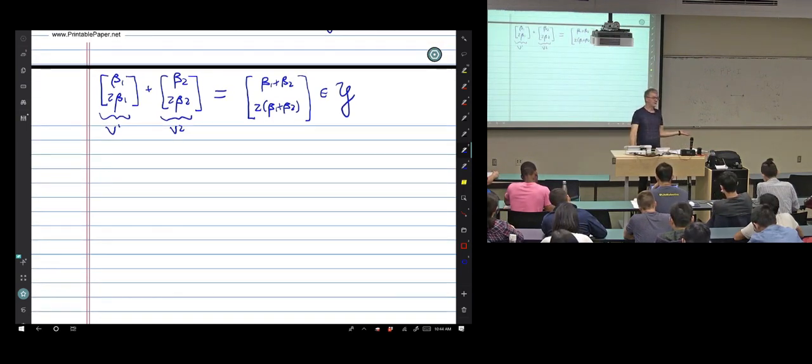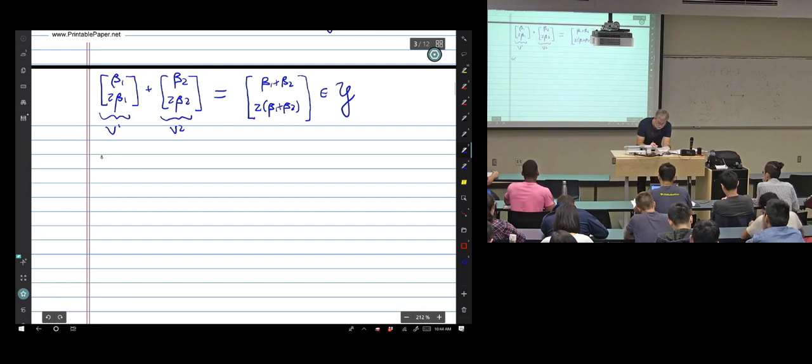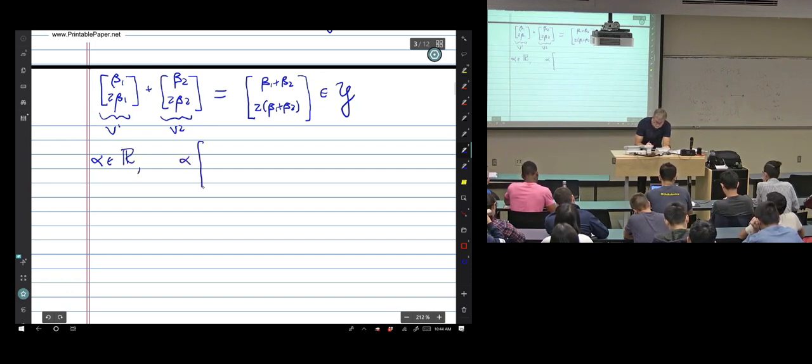We're going to check next. Closed under scalar times vector multiplication. They've already done it, I can tell, but let's just do it. Okay, so we let alpha be in the reals, and we do alpha times an arbitrary vector.